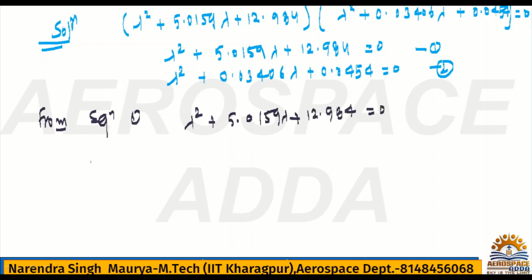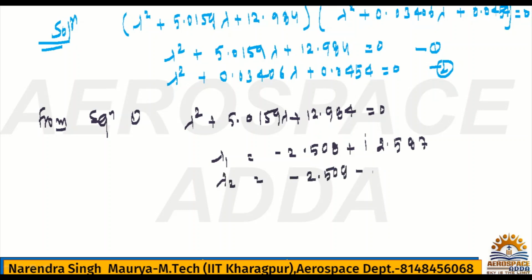If you solve this quadratic equation, the roots are lambda 1 equal to minus 2.508 plus i 2.587, and similarly lambda 2 equal to minus 2.508 minus i 2.587.